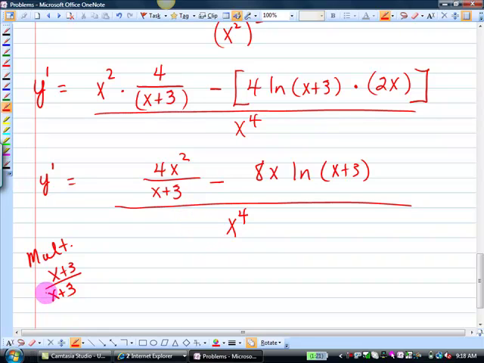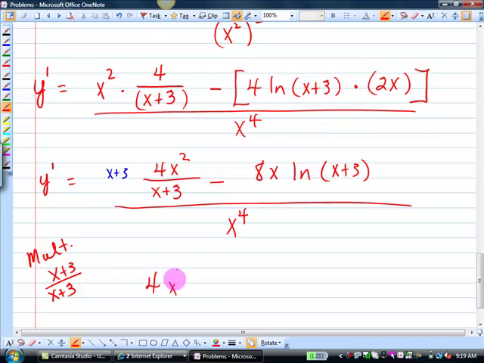Well, actually, I'm multiplying the top by x plus 3 and the bottom by x plus 3. So if I multiply by x plus 3 here, what happens? It cancels, and I'm left with 4x squared.